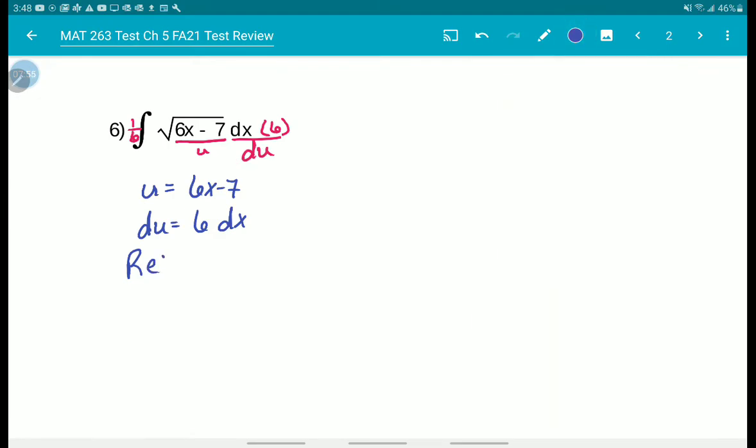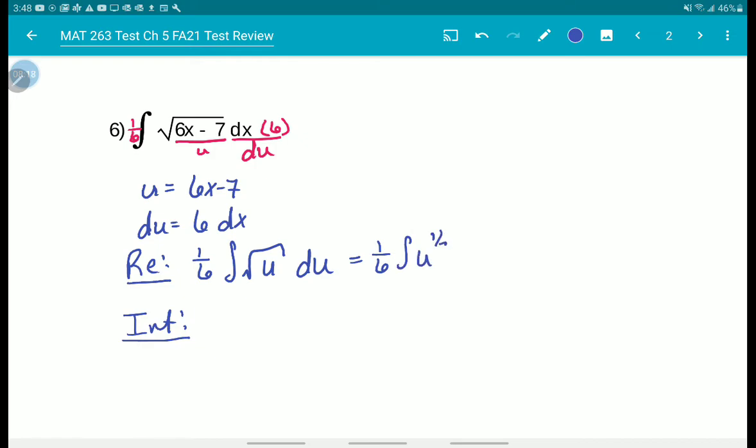So let's do our rewrite. We're going to have 1/6 times the integral of the square root of u du. And now we need to integrate. But before we integrate that, we need to rewrite that as u to the 1/2 power.